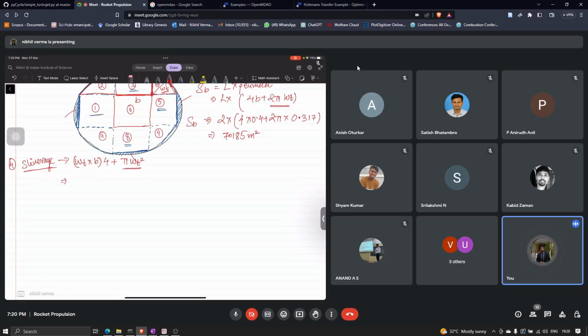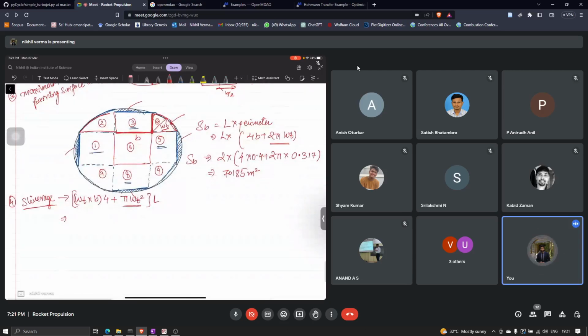So can you calculate? This is your area, and if you multiply with the length, you will get the volume.